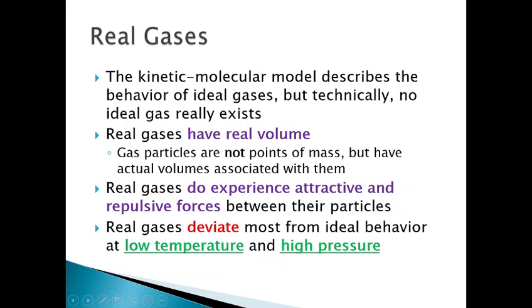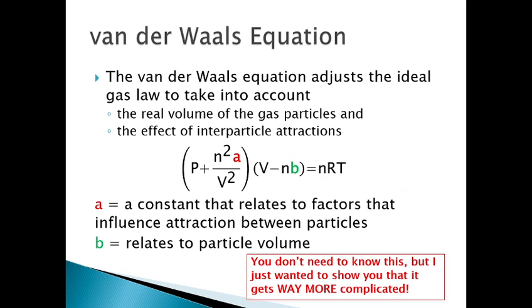And the last slide here, you don't have to put too much investment in it. I just want to show you the fact that it gets so much worse than what you are trying to assume this is. The van der Waals equation is something you may come across if you stick around in chemistry long enough. It comes up in physical chemistry, like quantum mechanics and thermodynamics.